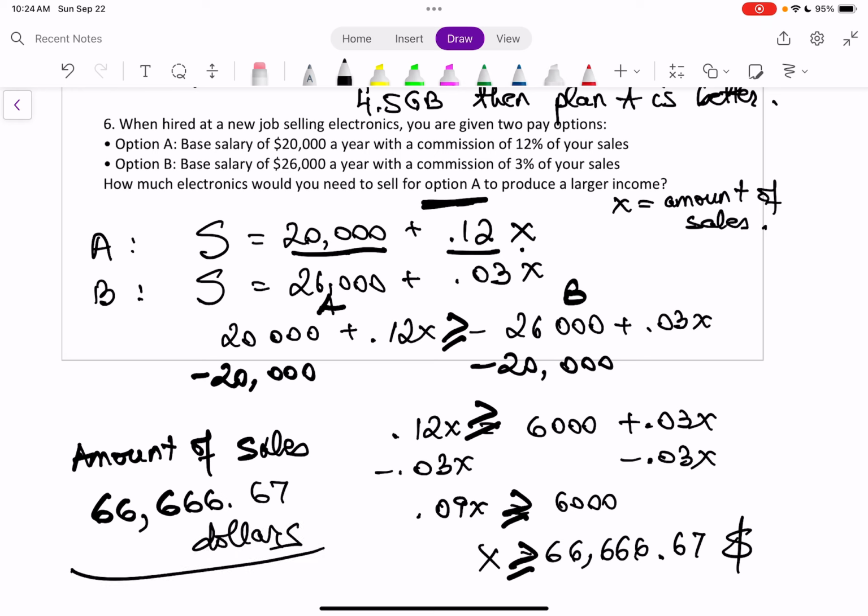So that's how much you should make in sales if you want plan A to be better.